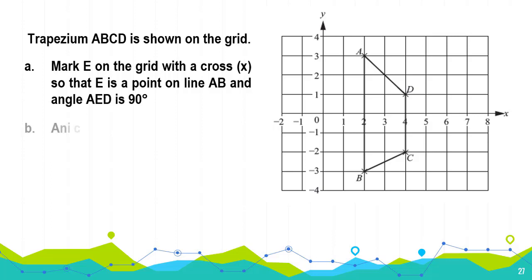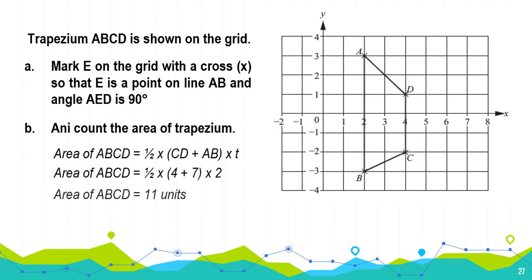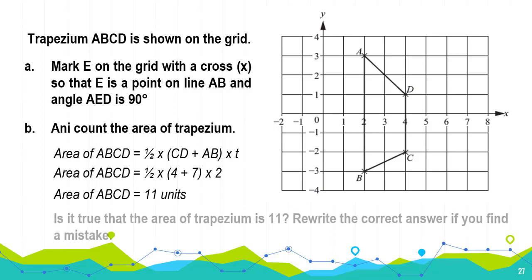B. Annie counts the area of the trapezium. Here is her calculation. Is it true that the area of the trapezium is 11? Rewrite the correct answer if you find a mistake.